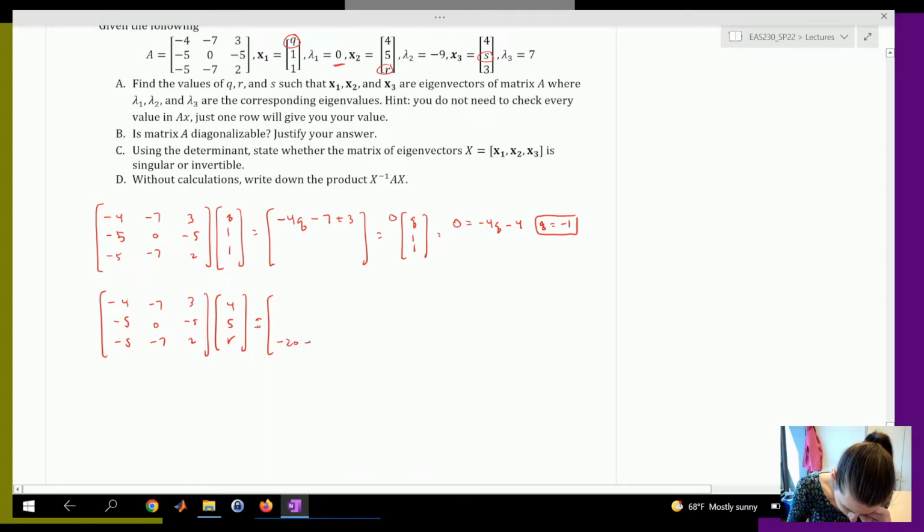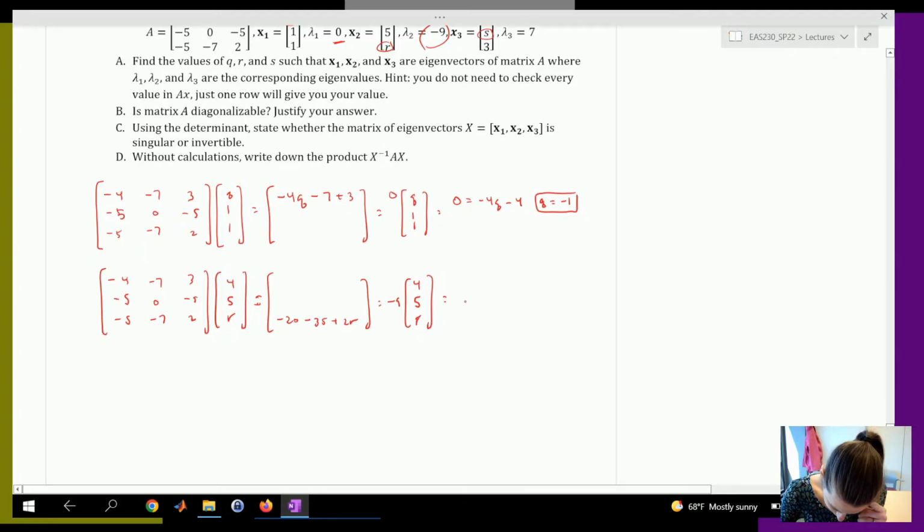So negative 20 minus 35 plus 2R, and that's the same as negative 9 times this vector. So negative 20 minus 35, negative 55, plus 2R equals negative 9R, or negative 55 equals negative 11R, so R equals 5.